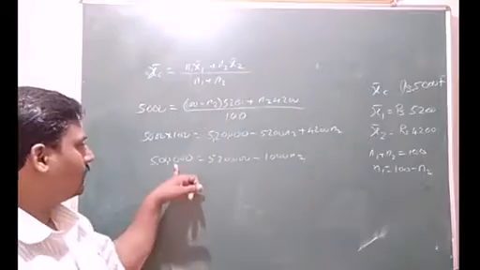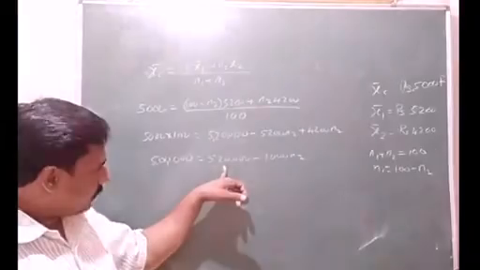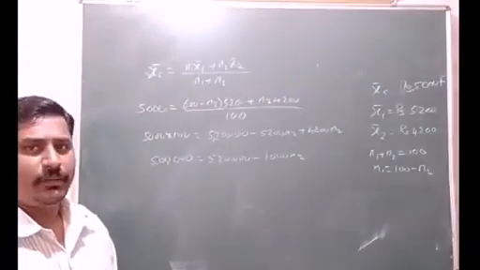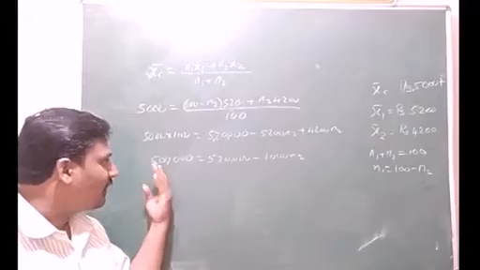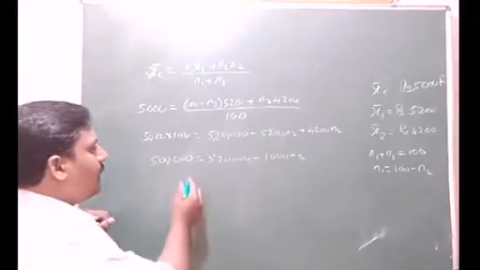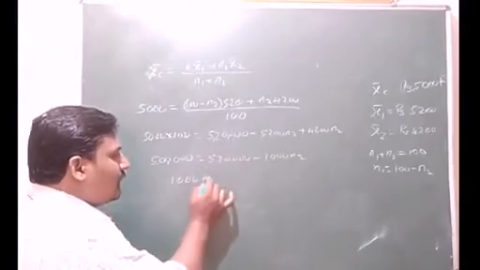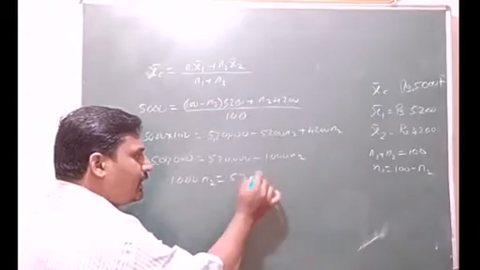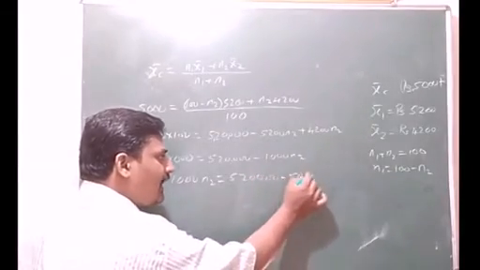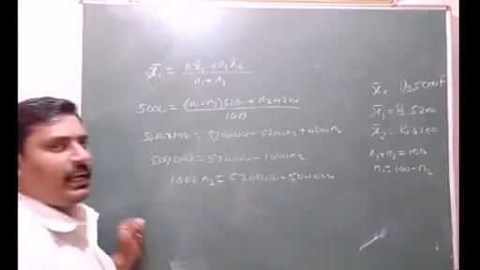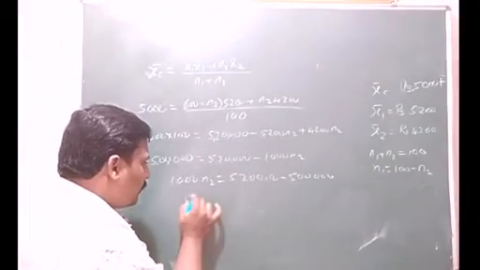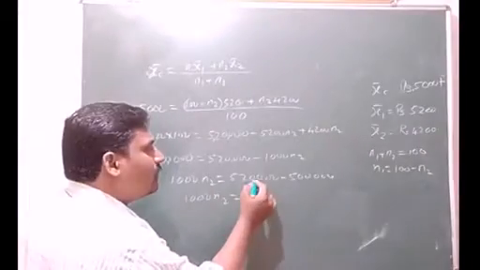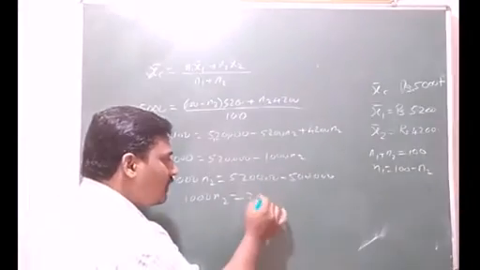If you take this term to the other side, it becomes positive, and we send the 5 lakh to the other side. So 1,000 n2 is equal to 5 lakh 20,000 minus 5 lakh, which is 20,000.